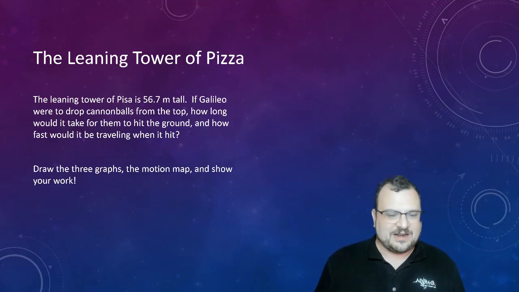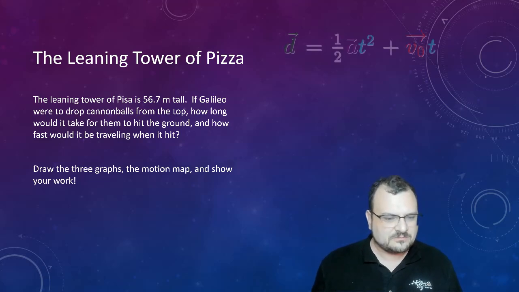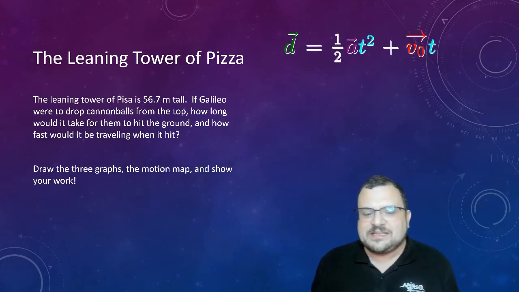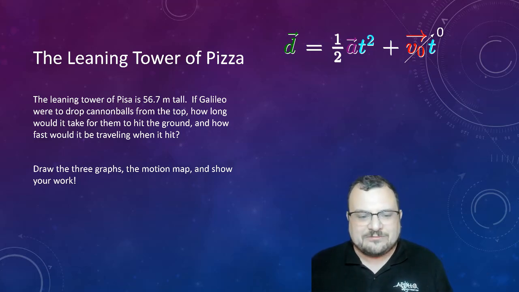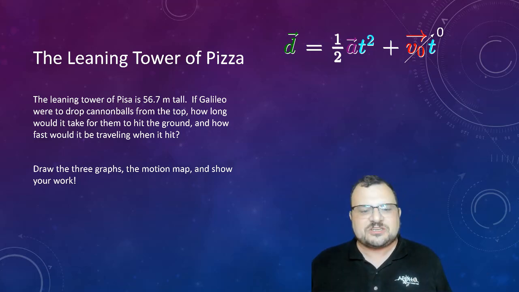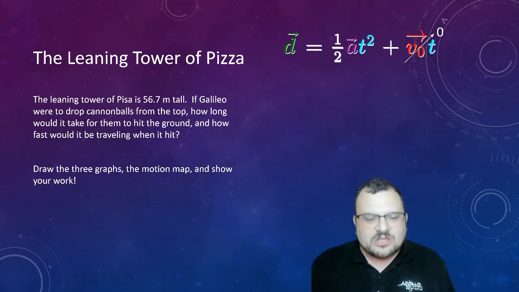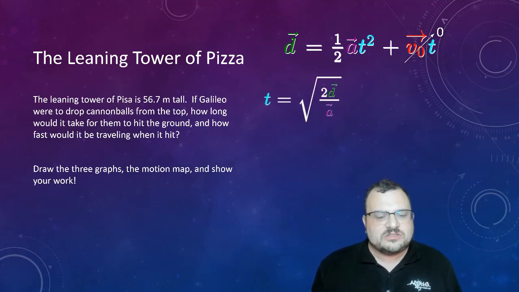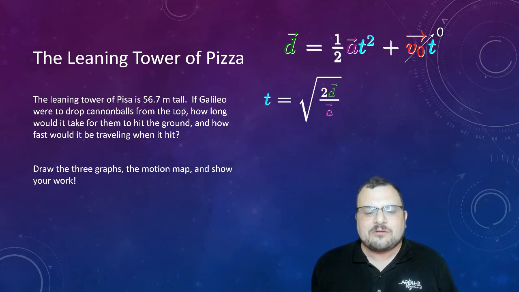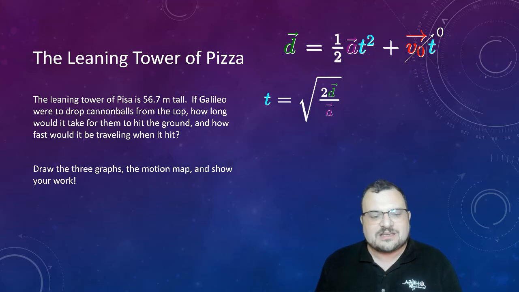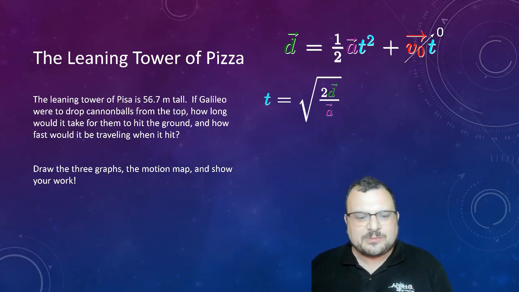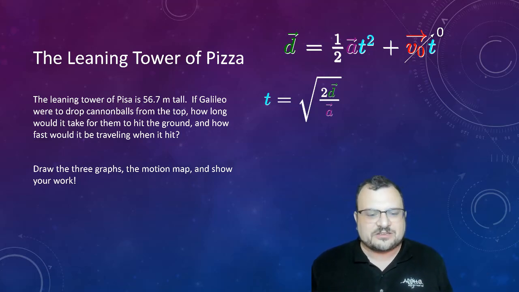So now that we know both of those things, maybe we can use that equation to a little bit better benefit to ourselves. d equals 1/2 a t squared plus v naught t. Well, v naught is just 0, so we can get rid of that. We're trying to figure out how much time it's going to take to hit the ground, so we can solve for time. We get time equals the square root of 2 times the displacement over the acceleration. We need to be a little bit careful about our signs here, because these are all vectors, which means direction matters.